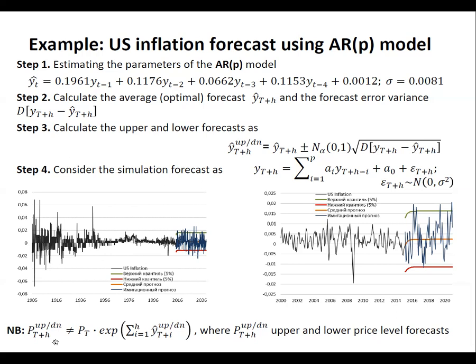If we take the price level, the forecast for each step ahead, the upper and lower forecast, it will not be equal to the last price level that we knew, multiplying the exponent of the sum of the upper and lower forecast of the first difference. This formula will not work. If we try to perform the same operation for the average value, then it will work. But for the upper and lower forecast, no.